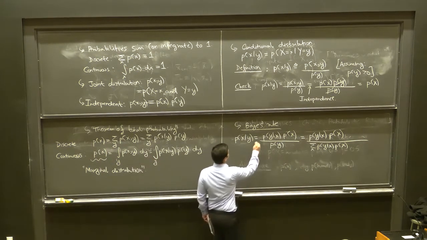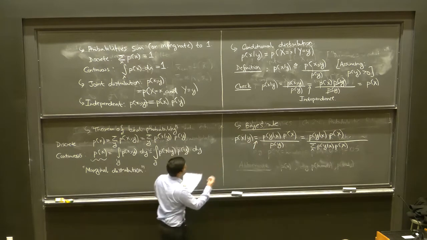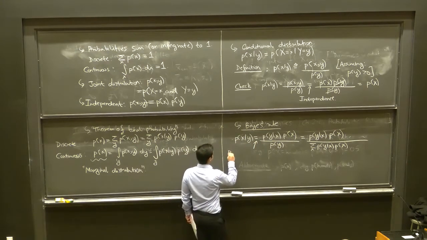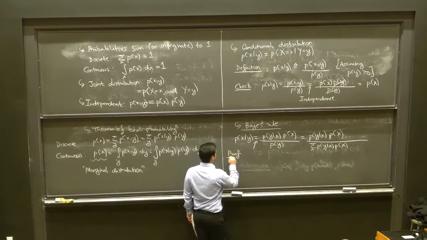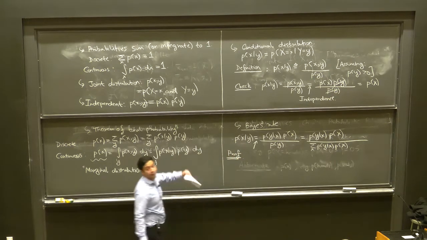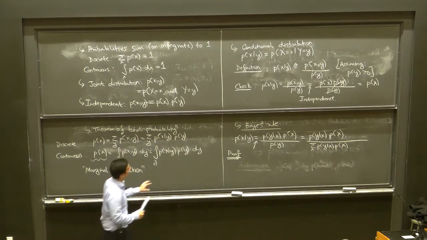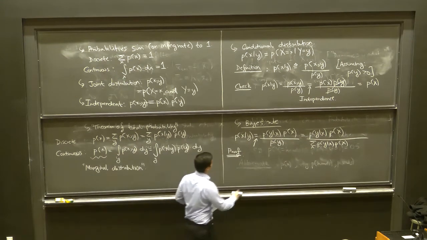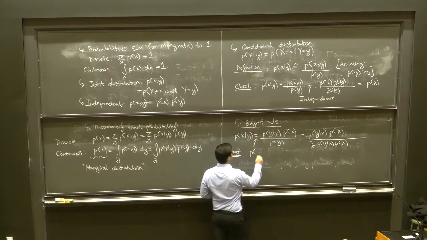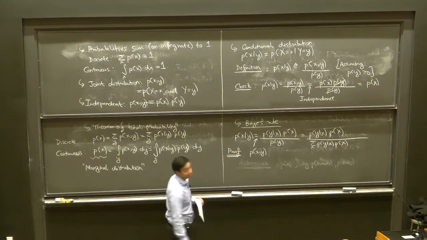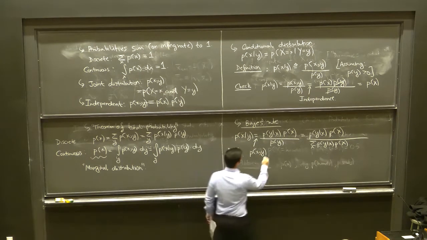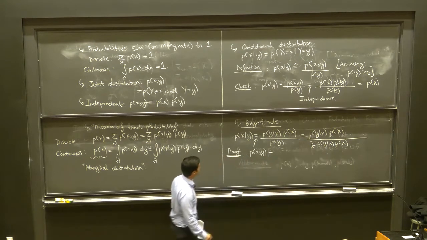This equality is Bayes' rule, so we can prove this using some of the previously introduced concepts. The proof is, if we look at P of x comma y, that's the joint distribution, I can write this in two different ways.